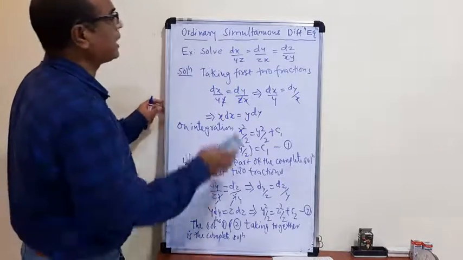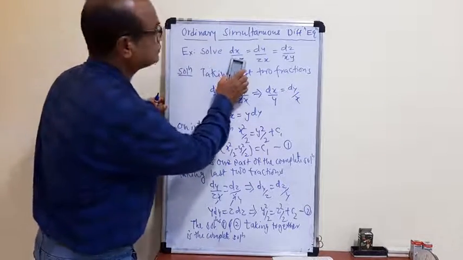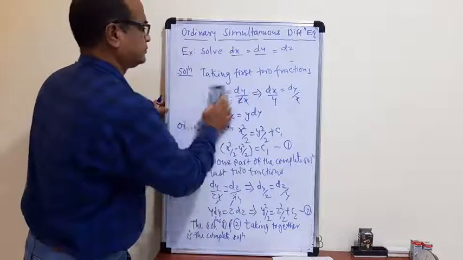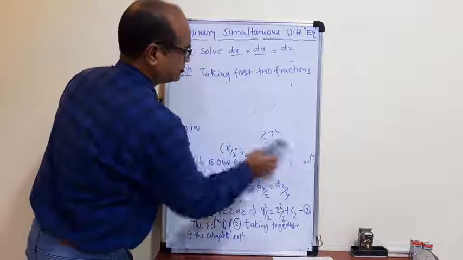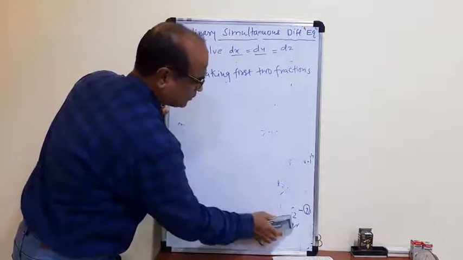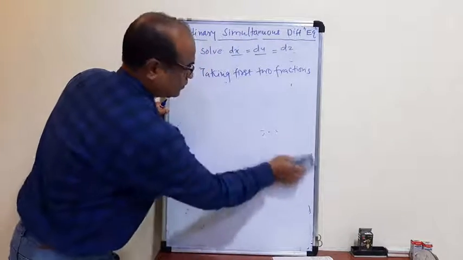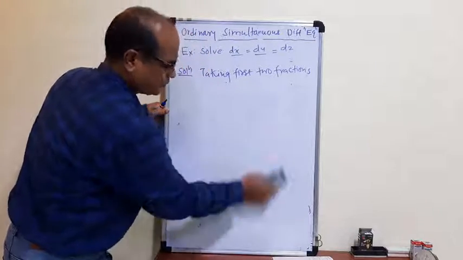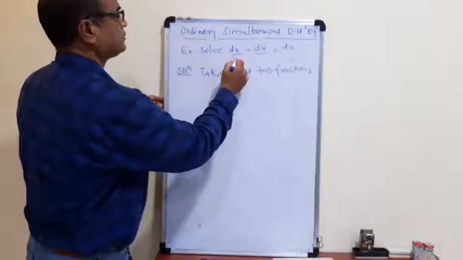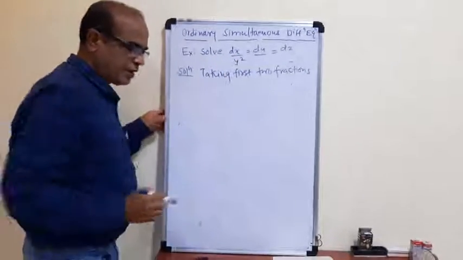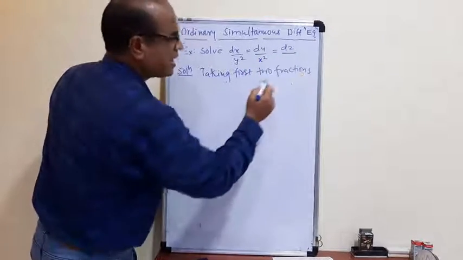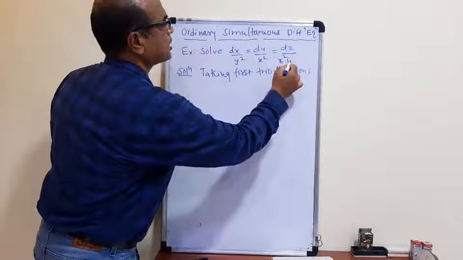Okay, so we take another example here. Solve dx upon y square equals dy upon x square equals dz upon x square y square z square.